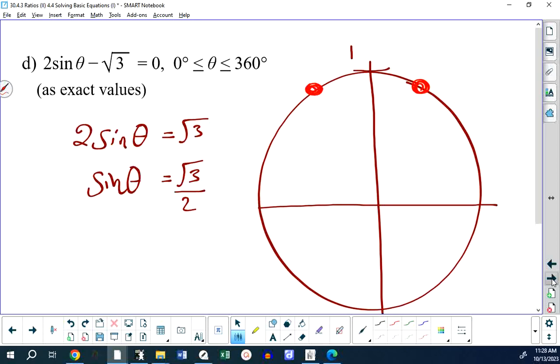I'm not even going to draw the terminal arms or show the rotation angles. This is 1/2, root 3 over 2. This is negative 1/2, root 3 over 2. So how do I get to this first solution? Pi over 3. How do I get to the second solution? 2 pi over 3.